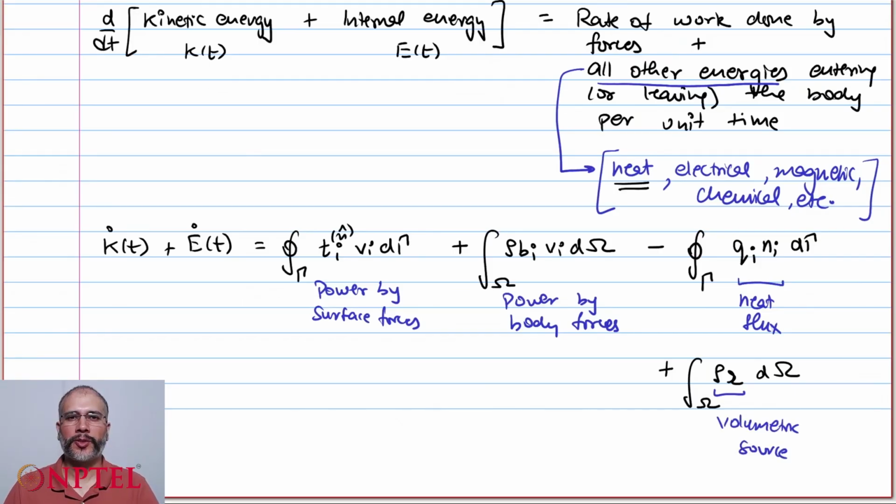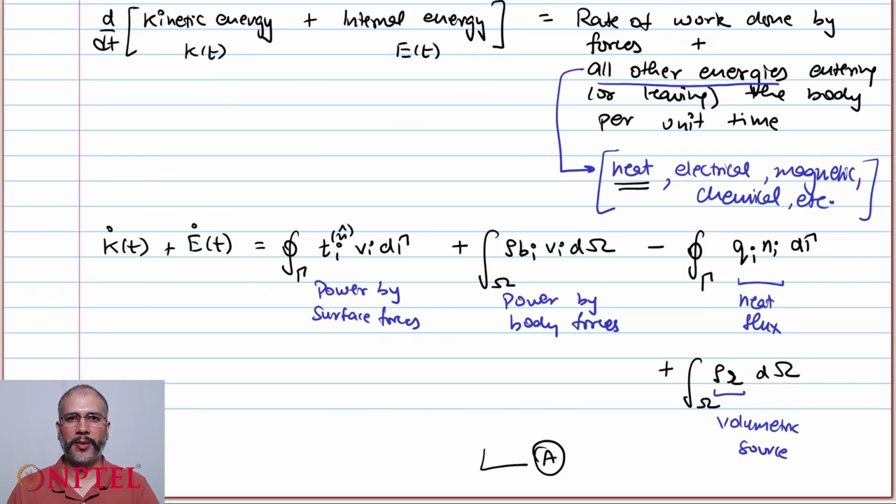So typically when we consider only heat transfer, we talk about resistance heating, or heat being generated inside the body, which is typically taken as a volumetric source in the energy equation. So let us label this equation as equation A, which has the mathematical form of the rate of work done by the forces acting on the body and all the energy that's entering or leaving the body.